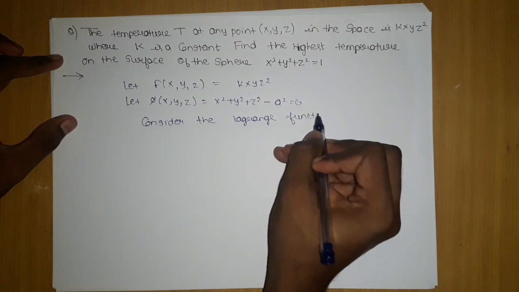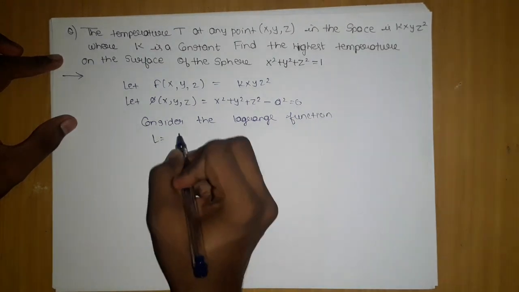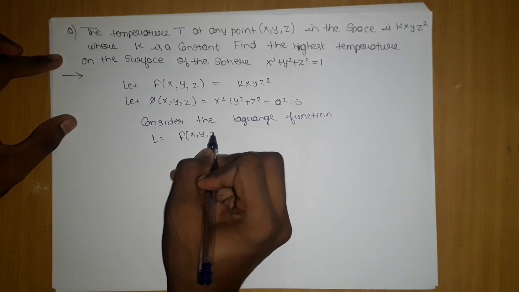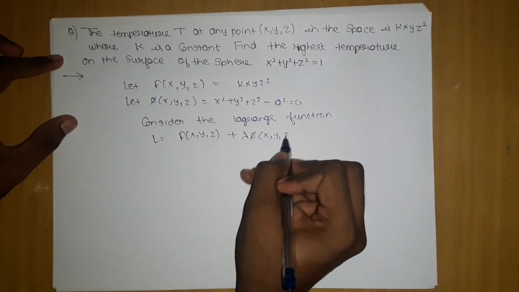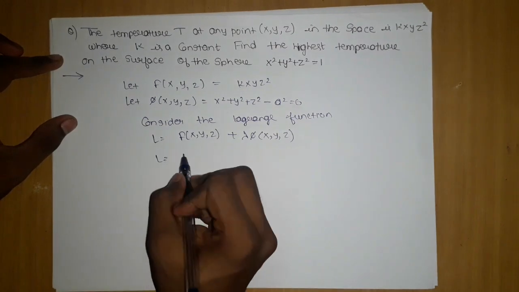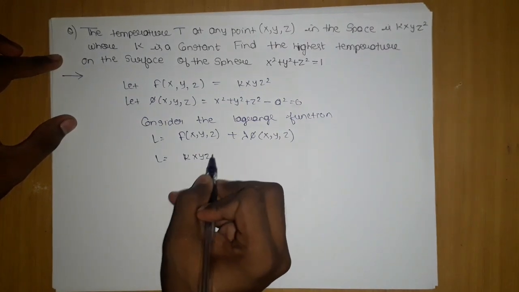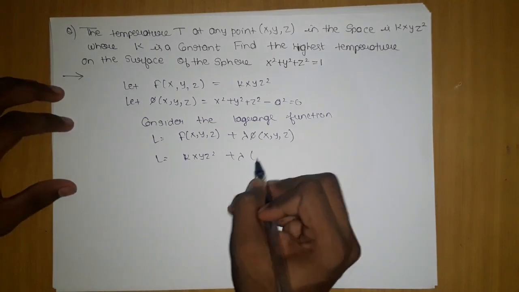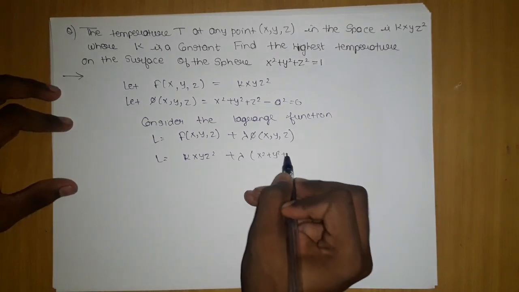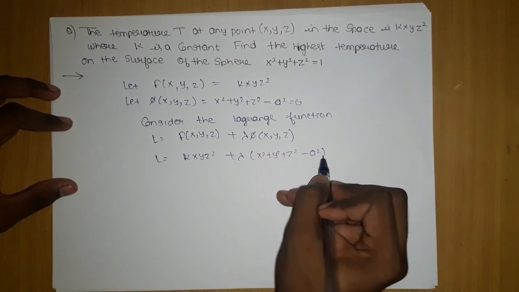If I consider the Lagrange function, L equals f of x, y, z plus lambda times phi of x, y, z, so L equals k x y z square plus lambda times x square plus y square plus z square minus a square.